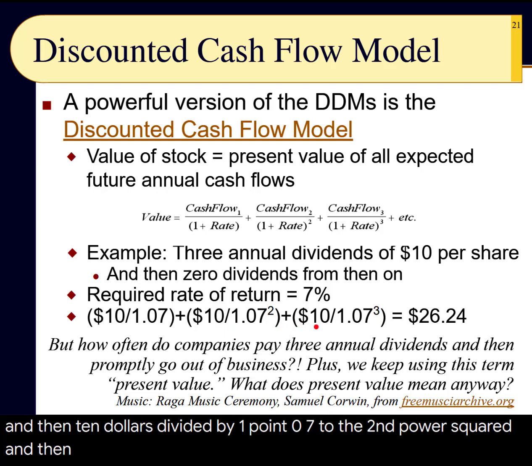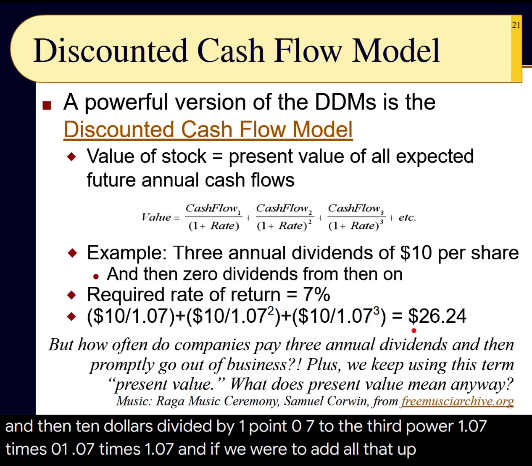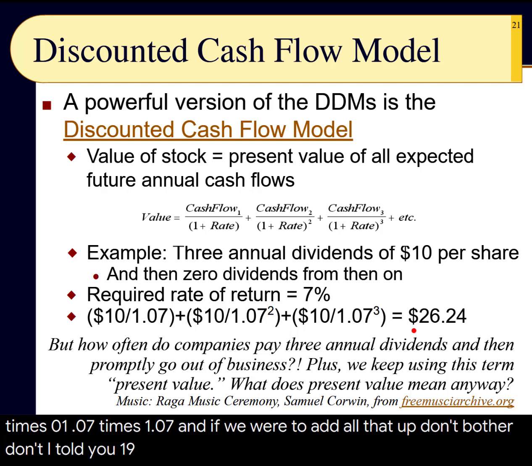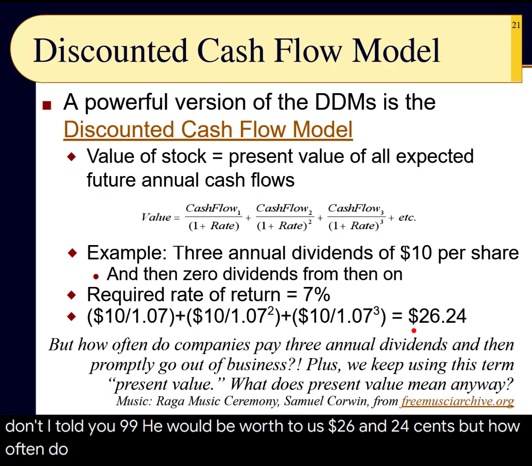And then $10 divided by 1.07 to the third power, 1.07 times 1.07 times 1.07. And if we were to add all that up, don't bother, I told you, 99-cent calculator. It turns out that this company would be worth to us $26.24.